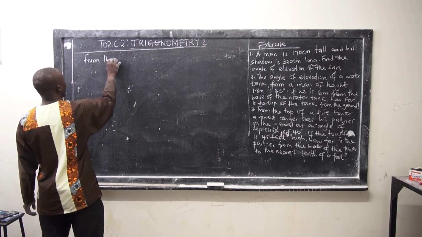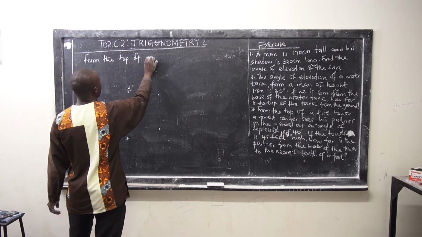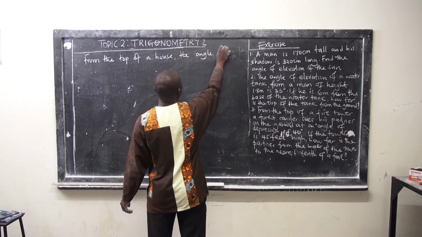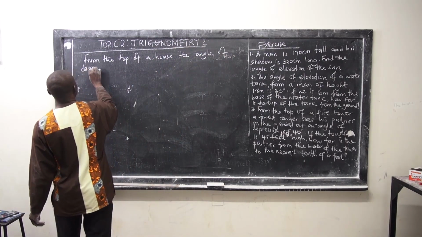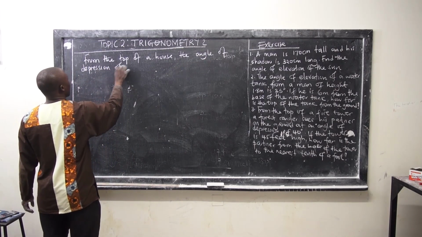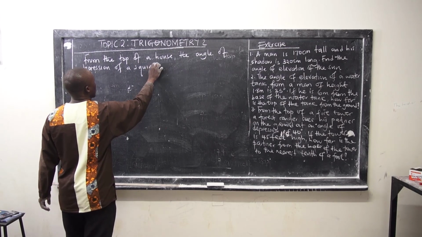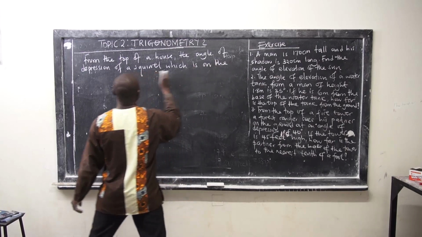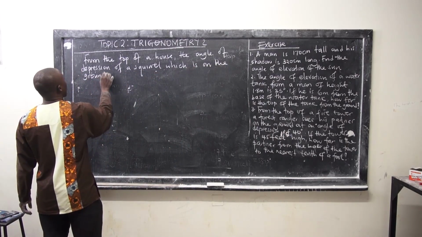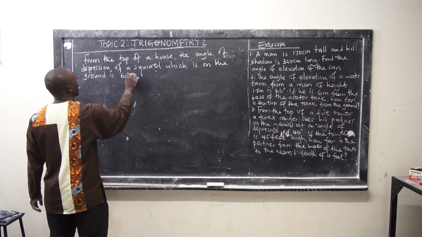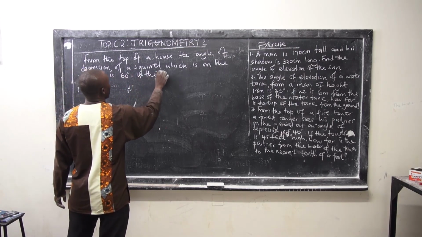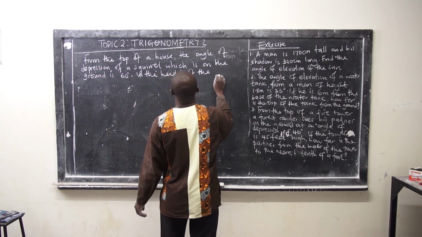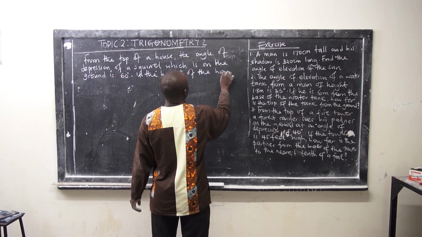From the top of the house, the angle of depression of a squirrel, which is on the ground, is 60 degrees.